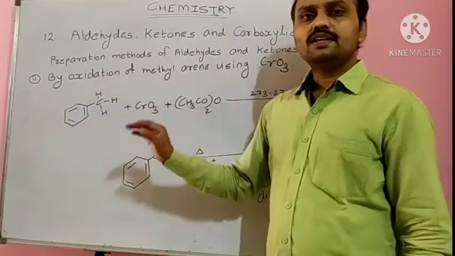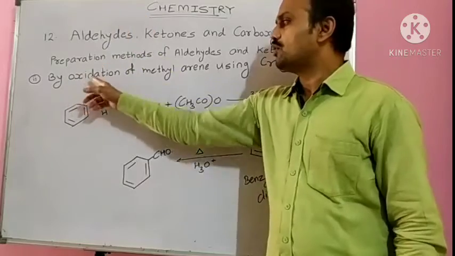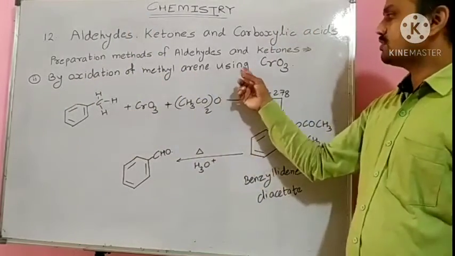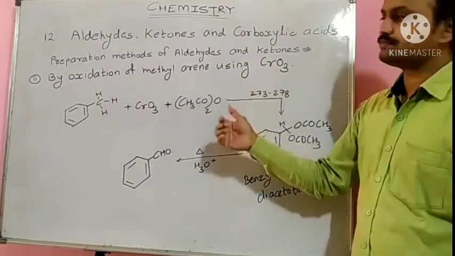After the Etard reaction, we have the second method of preparation: oxidation of methyl arene by using CrO3. CrO3 is chromium oxide.